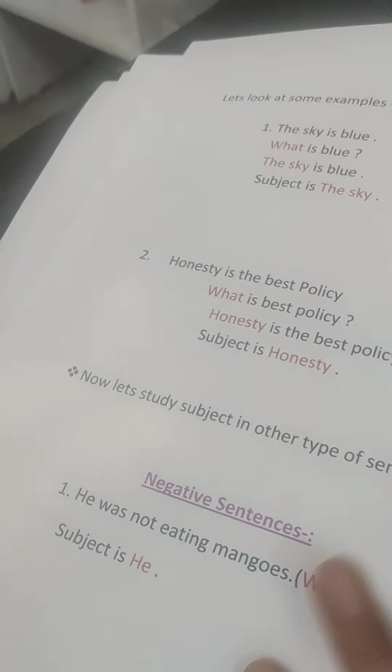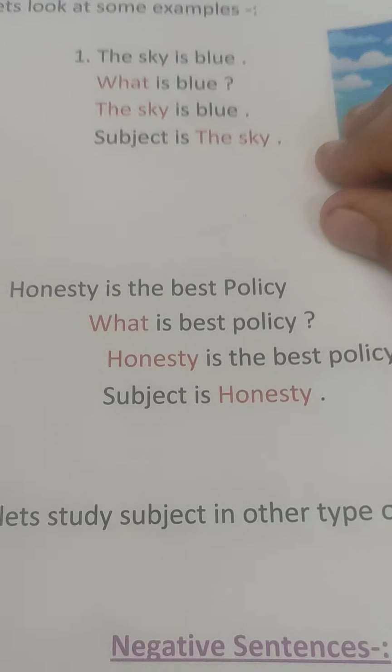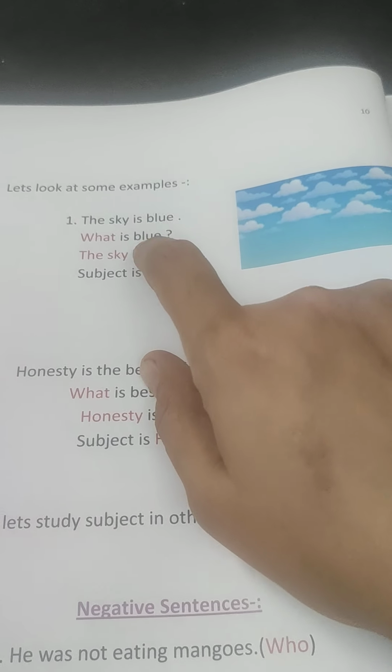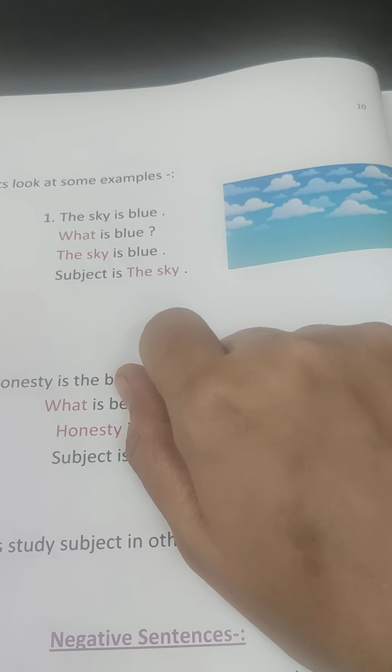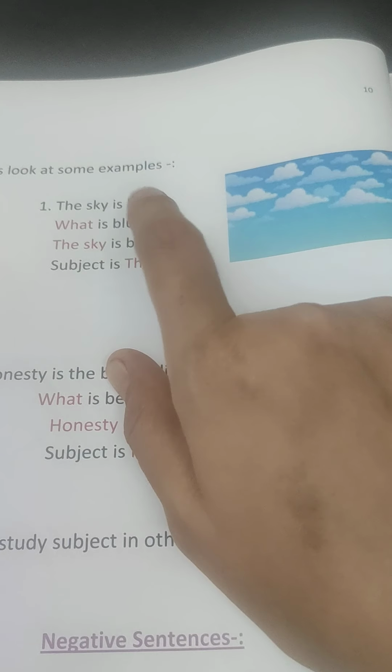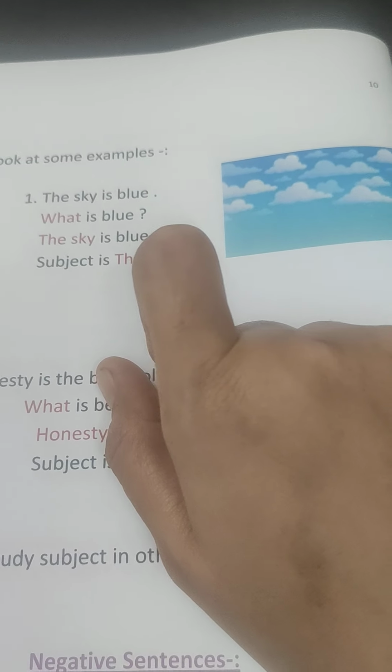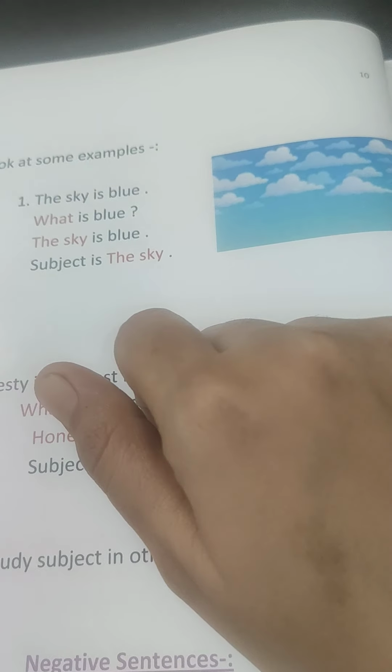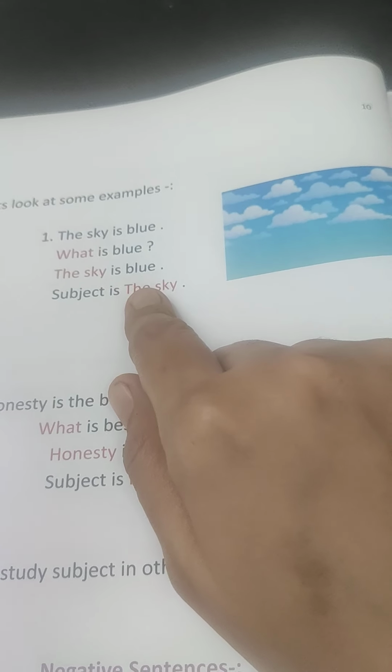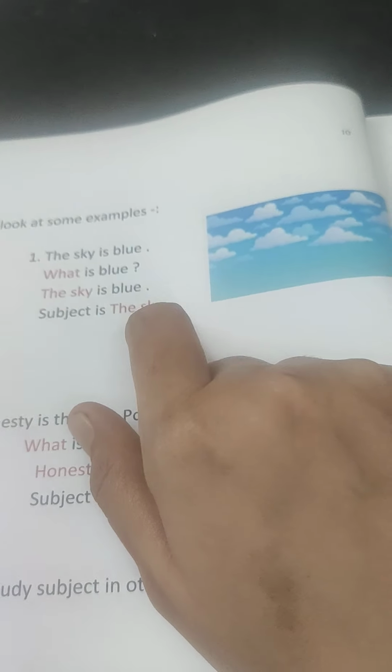So let's look at an example. The sky is blue. The noun here is sky. Sky is not a person, it's a thing. So what is blue? The answer is the sky.